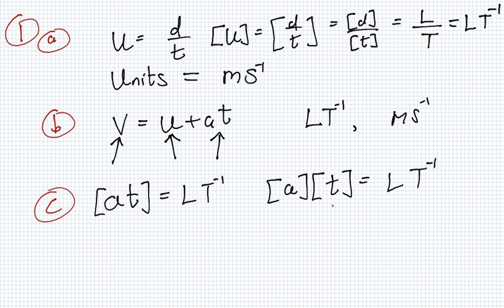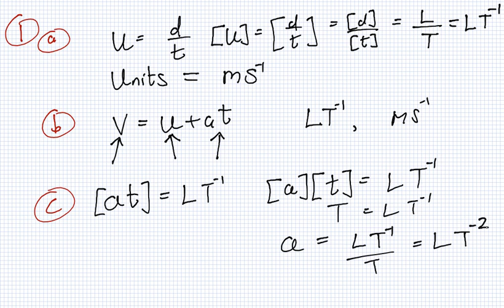Well, this is time. So that means A is length per time over time, which is another per time, length per time squared. The unit is meters per second squared then for that one.